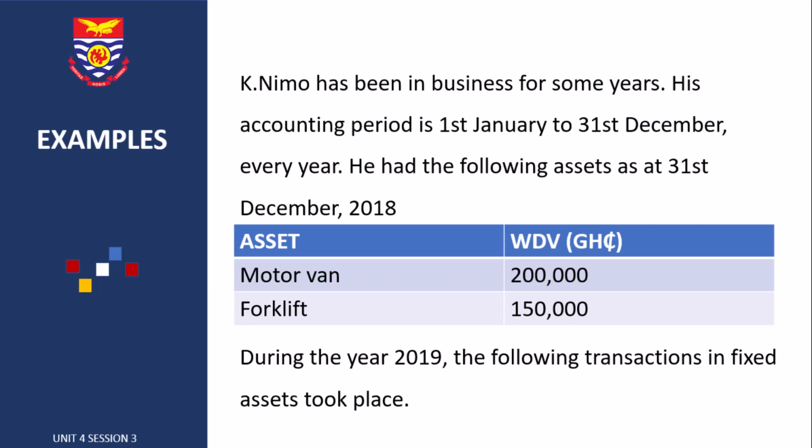Let us look at another example. Nemo has been in business for some years. His accounting period is 1st January to 31st December every year. He had the following assets as at 31st December 2018. So we have motor van 200,000, forklift 150,000. During the year 2019, the following transactions in fixed assets took place.